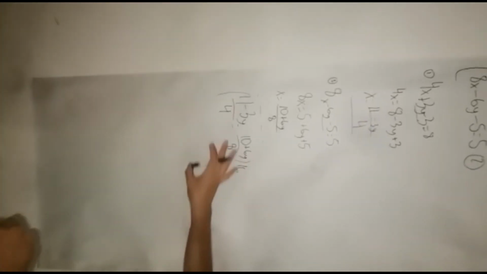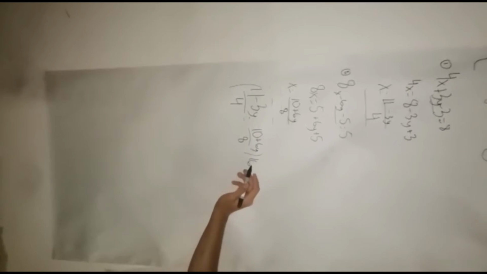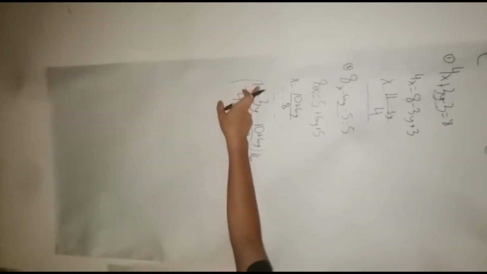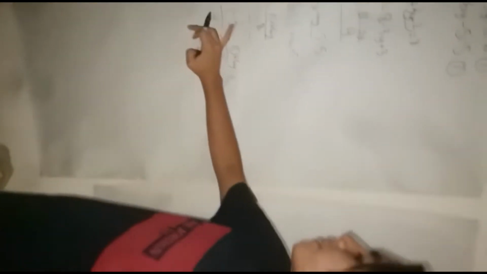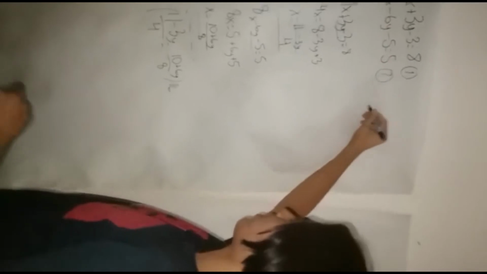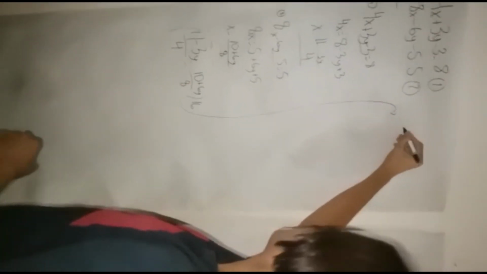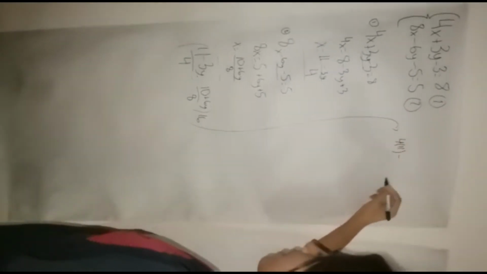To do this, we divide 16 by 4, which is 4, so we have 4 times 11 minus 4 times 3y, and we do the same with 8: 16 divided by 8 is 2, and 10 plus 2 times 6y.